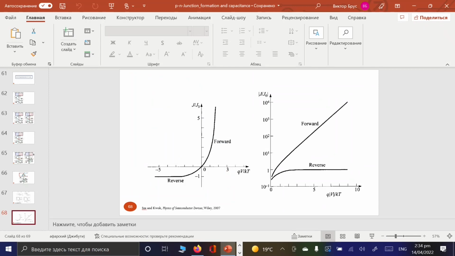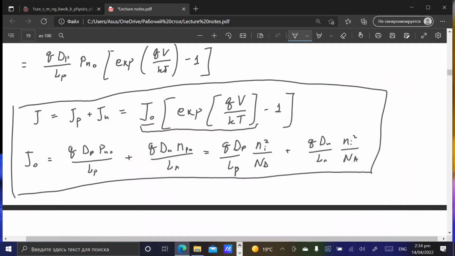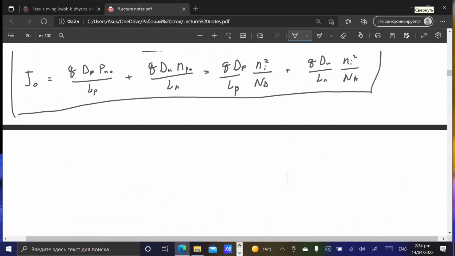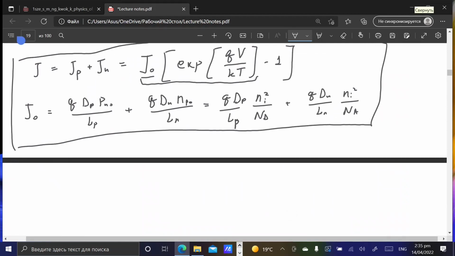So now we also need to show that in case we have a P plus N junction, then we have a very high concentration of Na, so it's very much higher than Nd.